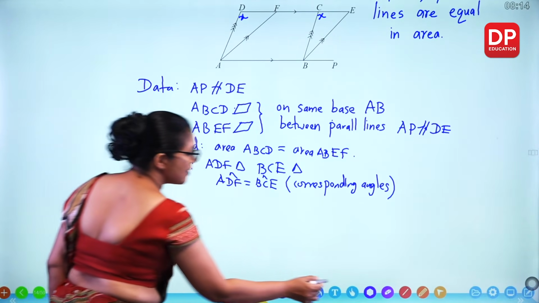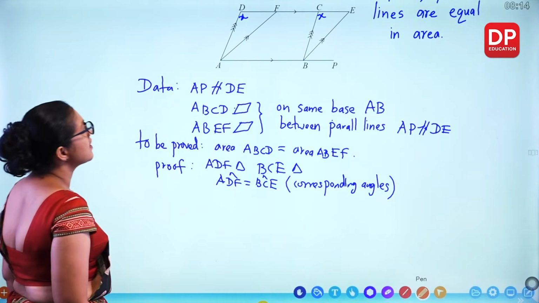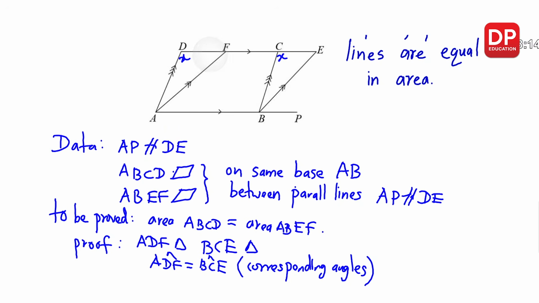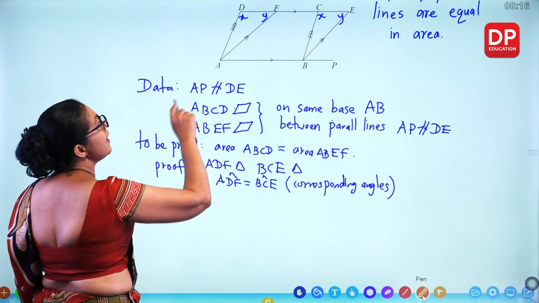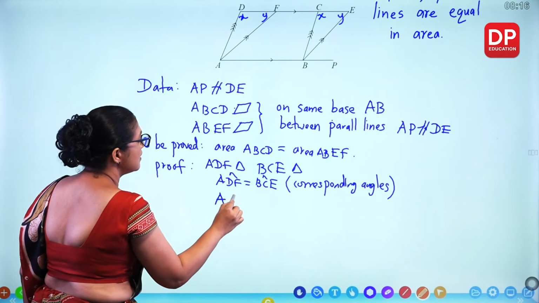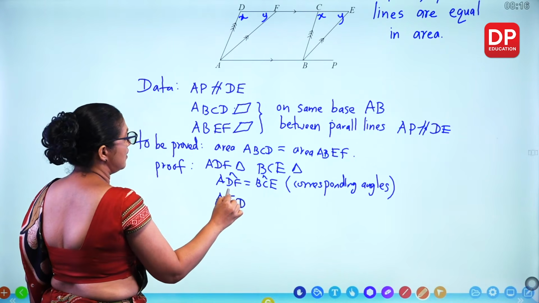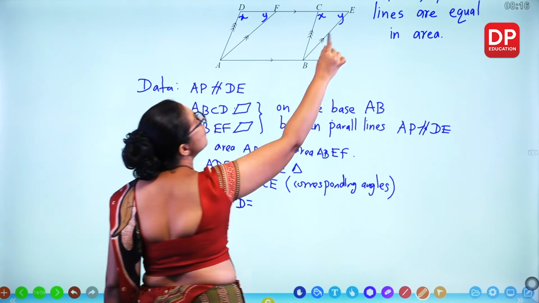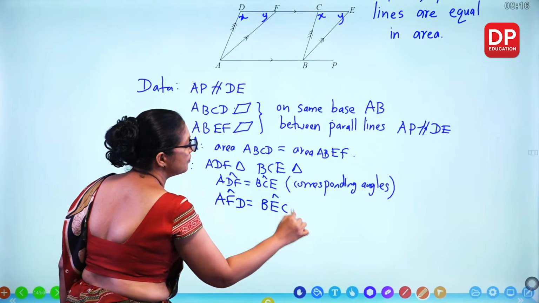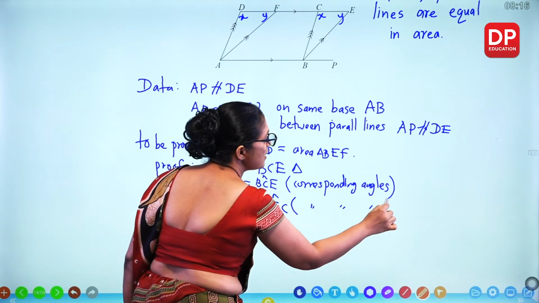What else can I write? This angle, if I take this as y, what is this one? This is also y. AFD, this angle is equal to BEC angle. It's also corresponding angles.